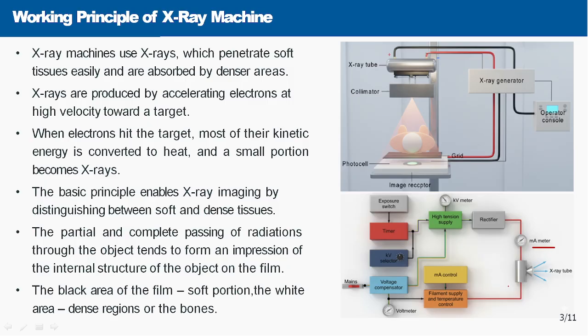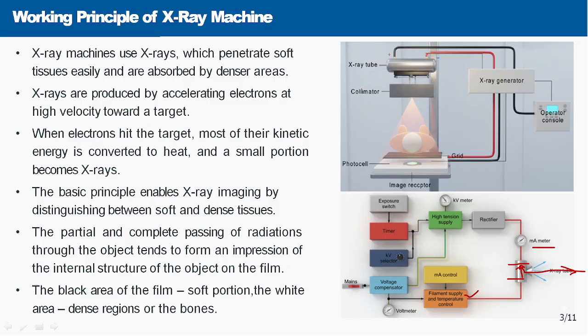Then through this we hit the cathode at this point. The filament supply and temperature control is connected to the cathode, and on this side we have the anode and the target. The electron beam will hit this, and after absorption some of the energy will be radiated as X-ray through this slit or filtering.